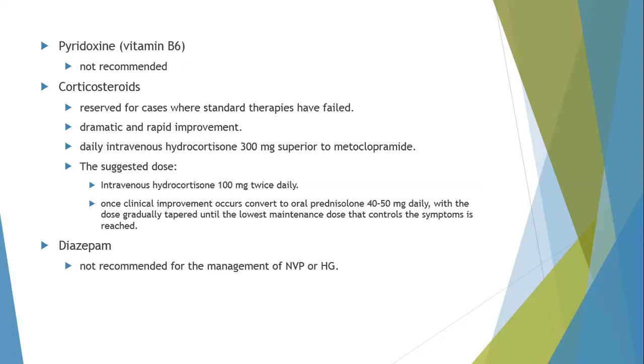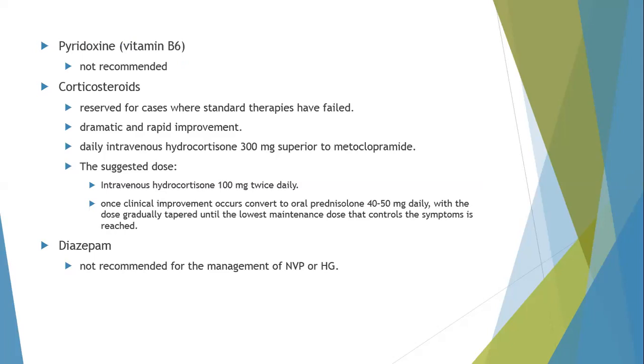Corticosteroids only for severe cases, and if the standard measures have failed. This will cause dramatic and rapid improvement. We use hydrocortisone, daily intravenous, 300 milligram, and this is superior to metoclopramide.